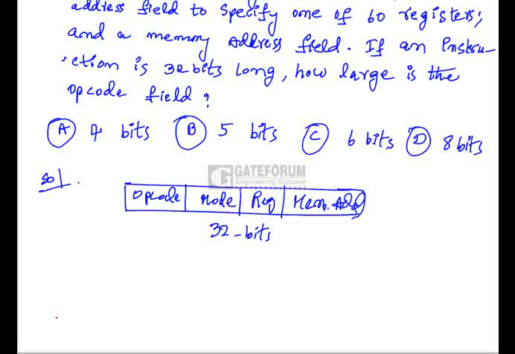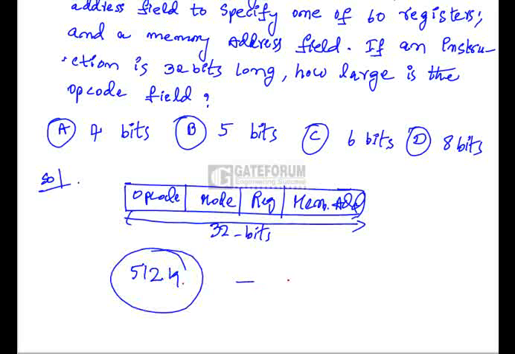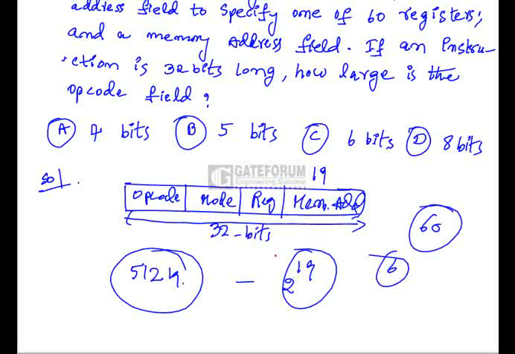We already know the memory size is 512 kilowords, and 512k is 2 power 19. If you want to identify one word, we require 19 address bits. So out of these 32 bits, 19 bits are reserved for the memory address. To find one register among 60 registers, we need 6 bits, because 2 power 6 is 64.